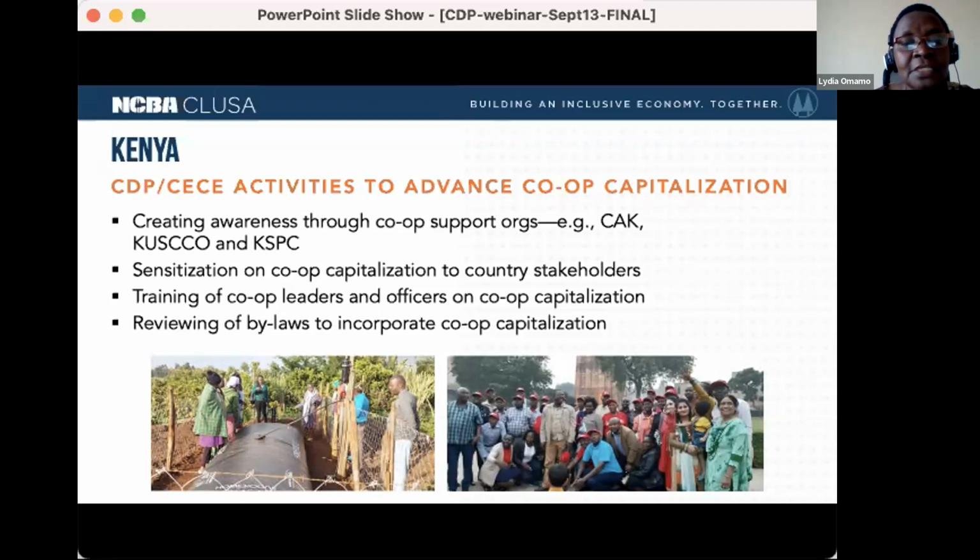Then sensitization of county stakeholders and training of cooperative leaders and officers on cooperative capitalization. And finally, reviewing the bylaws of primary cooperatives to incorporate cooperative capitalization.